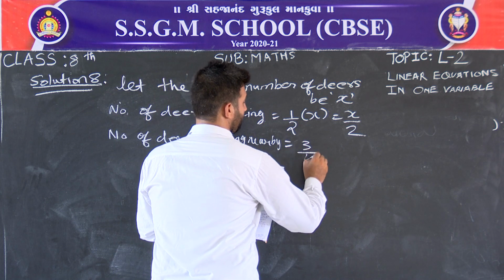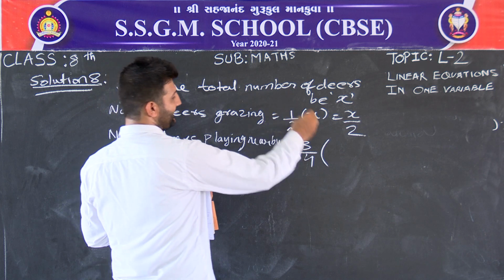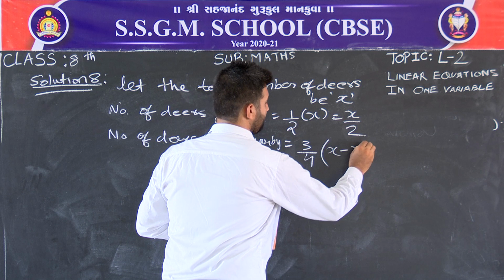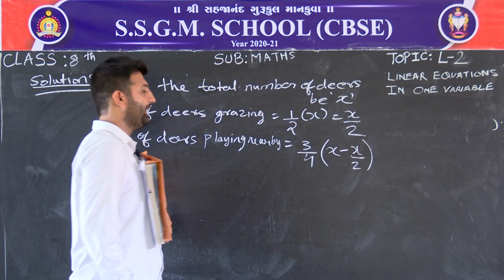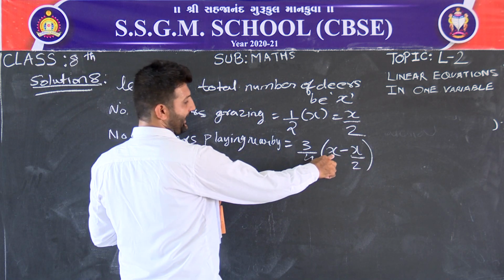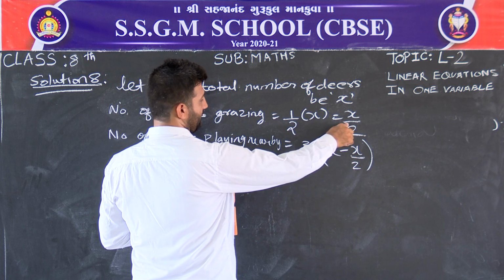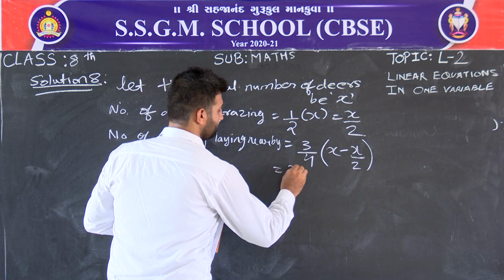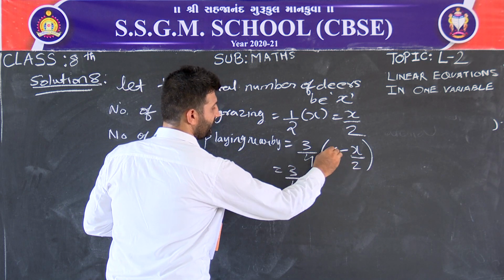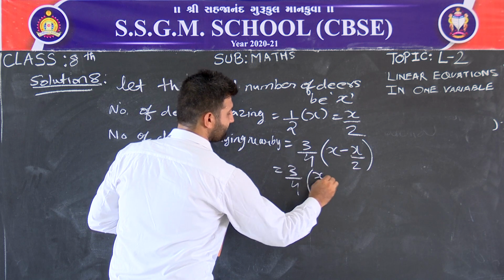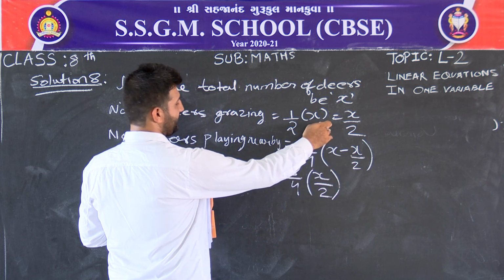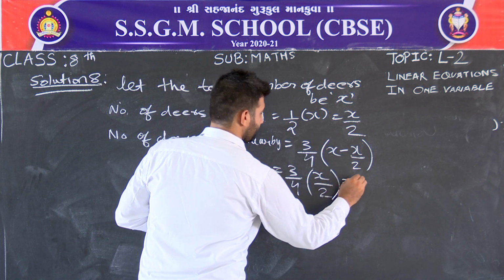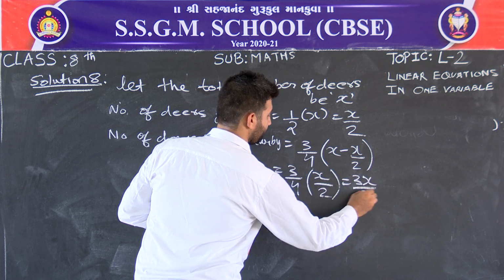So the total is x and already half is grazing, so the remaining will be x minus x by 2, which is x by 2. Half are grazing, so the remaining will be half. Again, 3/4 of that half will become 3x by 8.